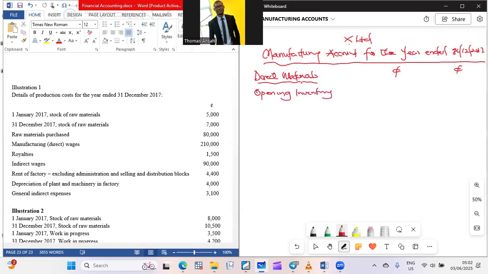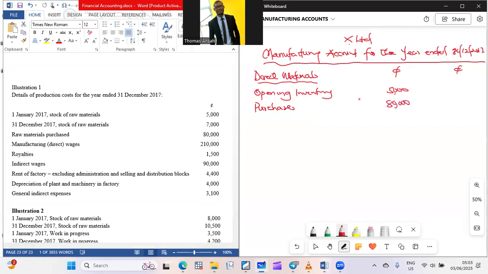How much do we have? We have 5,000. After that, you add any purchases of raw materials. Is there any purchases of raw materials? See it here, 80,000.